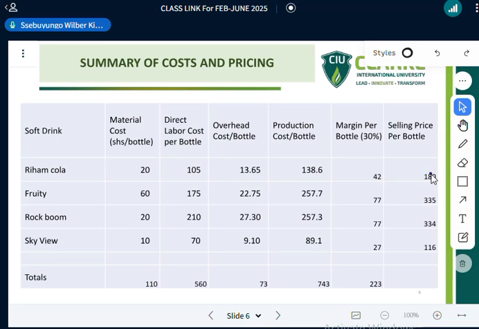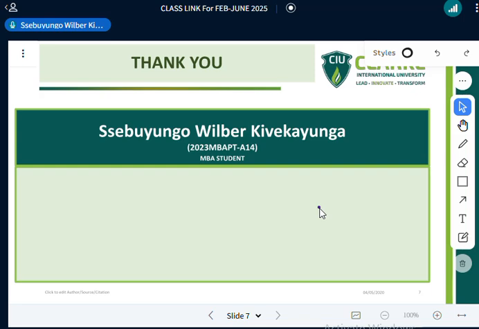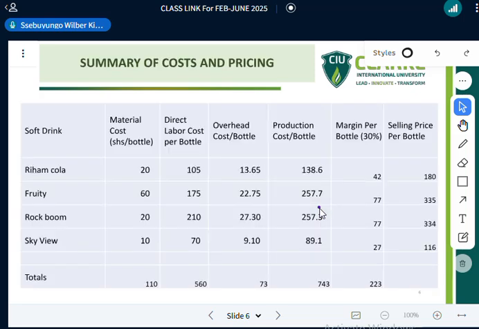I didn't round this to common Uganda shillings, like this one would be around 200 shillings. So I've just left it as the computed price. That is the last slide that I have. The other arguments we could discuss, but mostly here it was to come up with the computations.